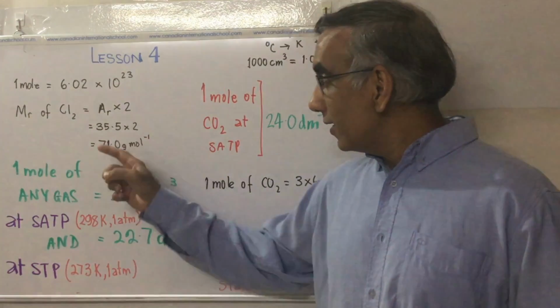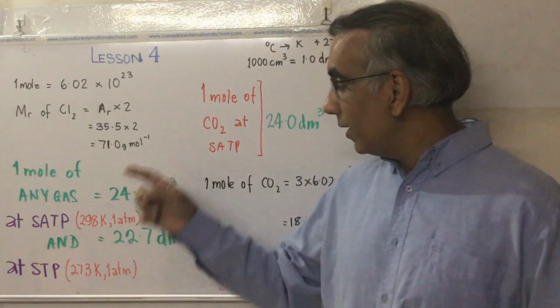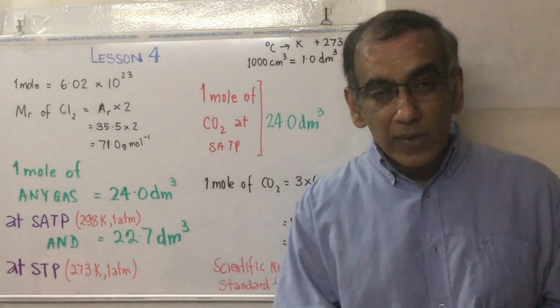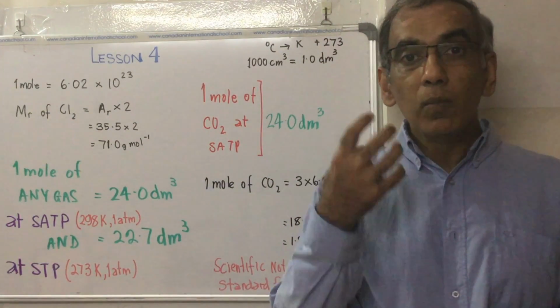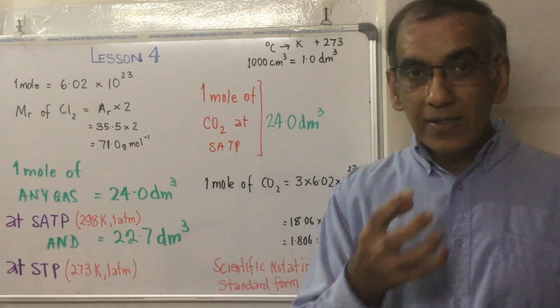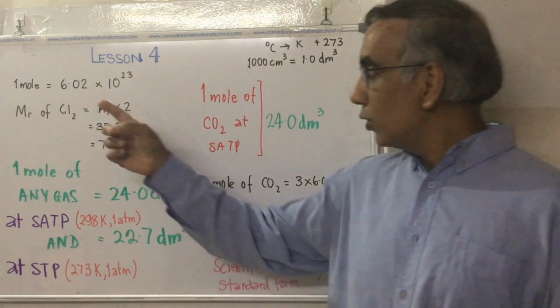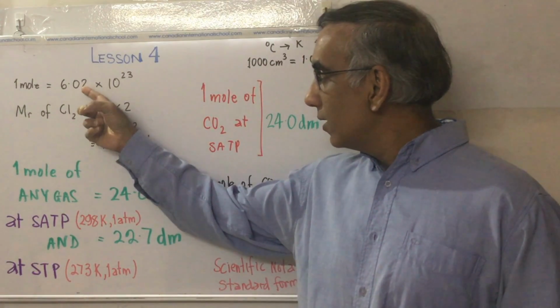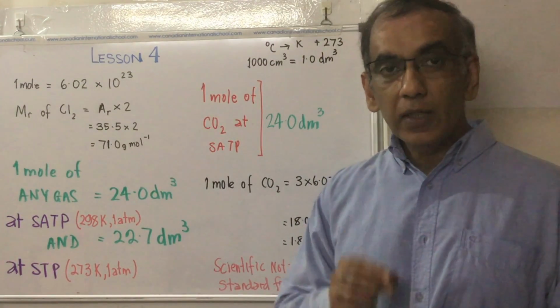The mass would be given as 71 grams, making up 1 mole of Cl2 gas. That Cl2 gas would be made up of 2 multiplied by 6 × 10^23 chlorine atoms.